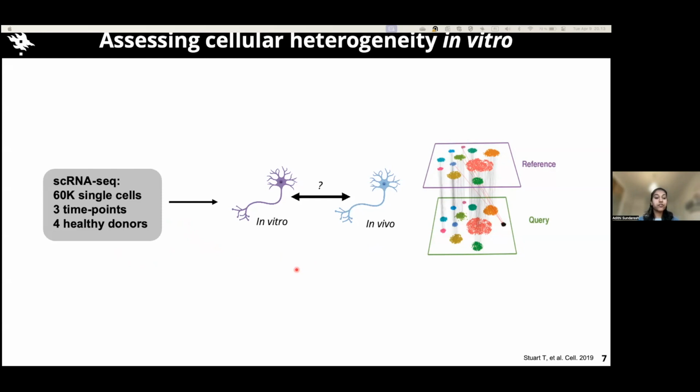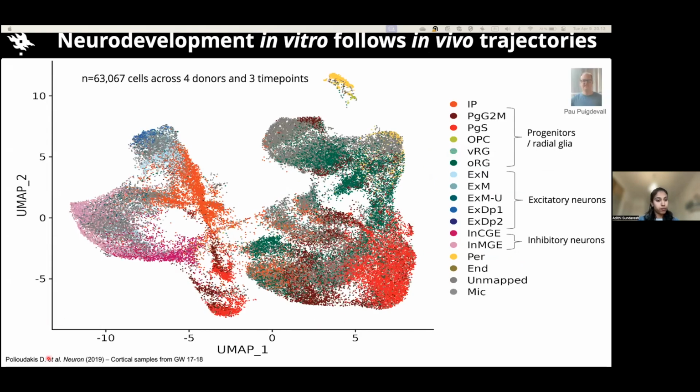The very first thing we wanted to do was, of course, to annotate these cell types that we're producing. And we all know very well that in vitro is not the same as in vivo. But what we did was use a reference mapping approach to annotate the cells based on an in vivo reference data set, rather than trying to do this with individual marker genes. We used the reference from Polioudakis, from cortical samples from gestation weeks 17 and 18.